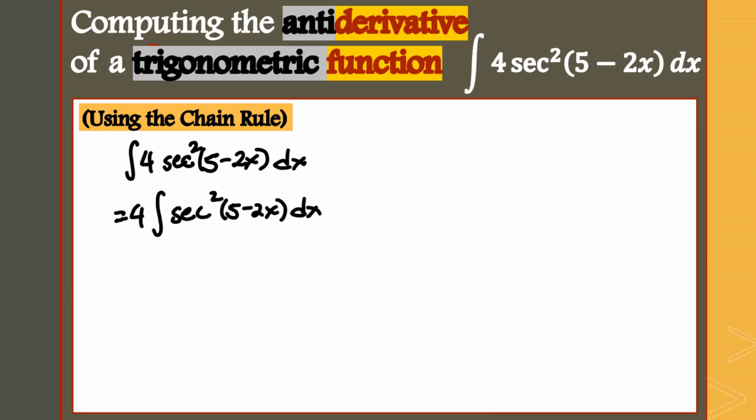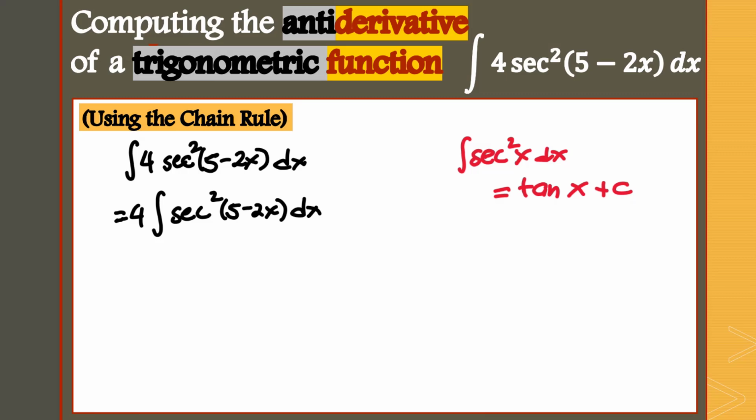And as mentioned, one of the rules that we have in anti-differentiating trigonometric functions is when you have the integral of the square of secant x dx, which would give us tangent x plus c. We have presented this as well in this same playlist when we talk about the basic forms of anti-differentiating secant squared of x.